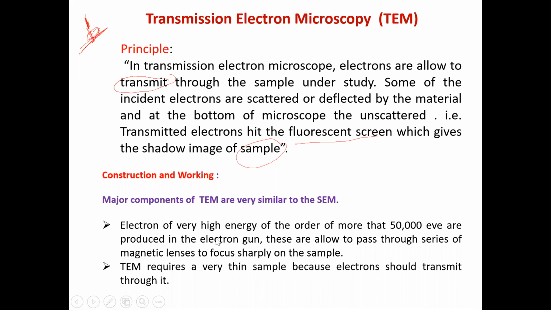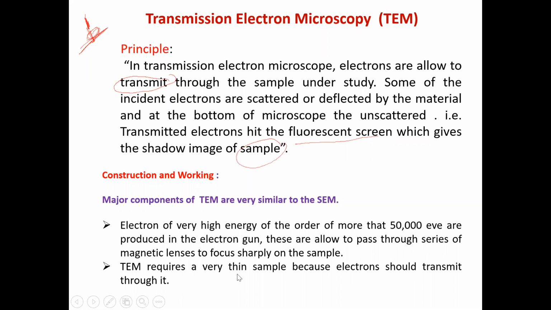Just as there were magnetic lenses there, here also there are magnetic lenses. The electron beams coming out of the electron gun are maintained by the magnetic lenses, and are focused sharply on a sample. So this is the construction and working of your SEM as well.